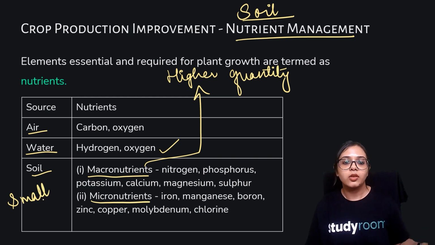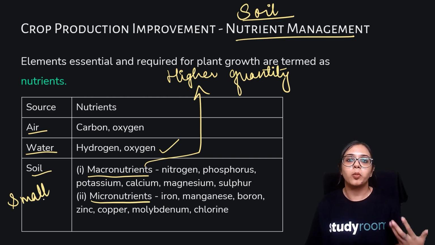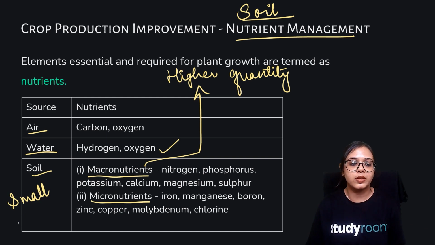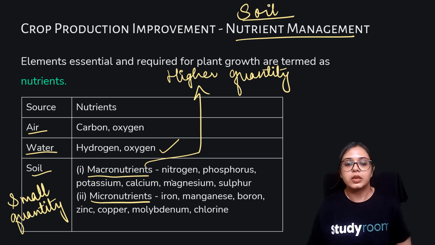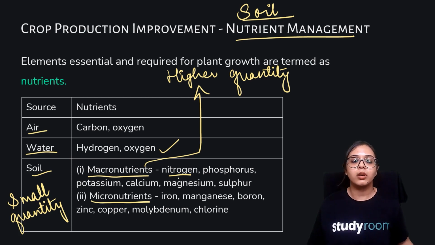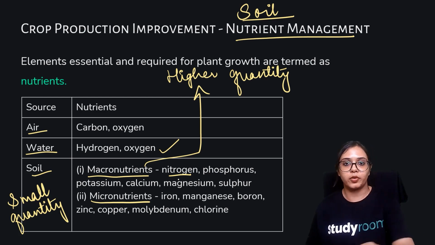Macro means big, so the nutrients that plants require in more amount are the macronutrients, and micro means small, so the nutrients that plants require in small quantities are the micronutrients. Macronutrients are nitrogen, phosphorus, potassium, calcium, magnesium, and sulfur. Micronutrients could be iron, manganese, boron, zinc, copper, molybdenum, and chlorine.